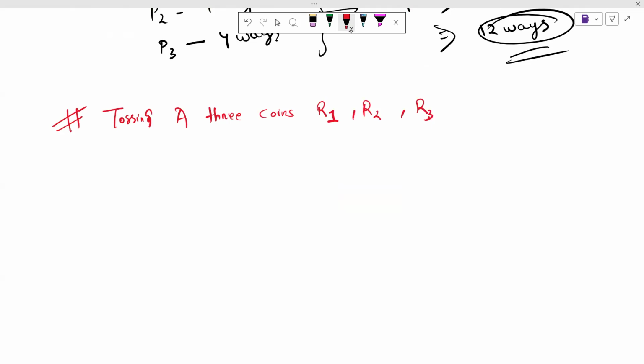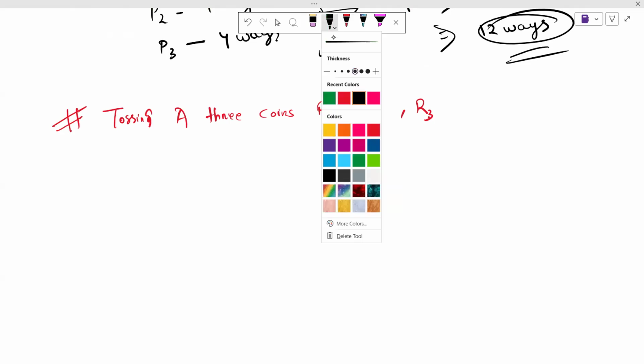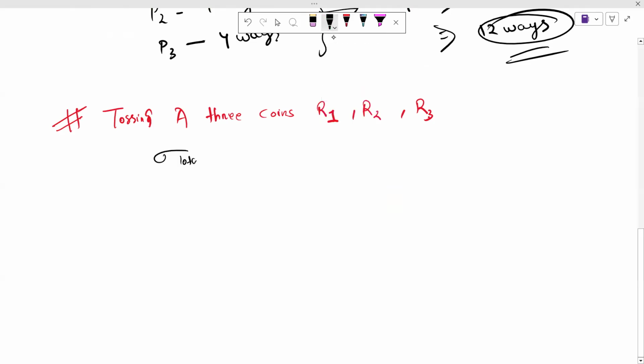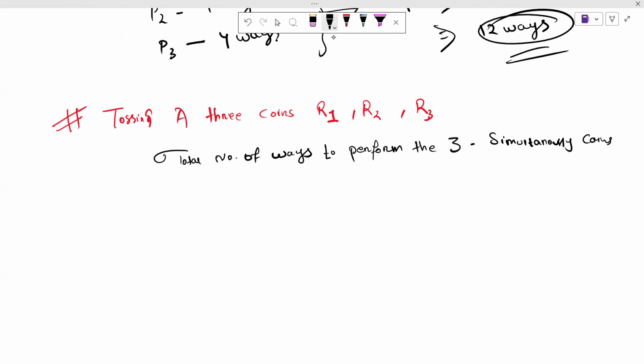First of all, the question is asking for the total number of ways to toss the 3 coins simultaneously.